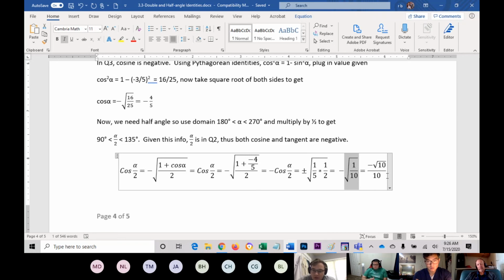Because when you're square rooting the entire fraction, are you square rooting both? Like you could break it up and say I'm square rooting the numerator and the denominator. Well, yeah, the square root of 1 is 1. Okay. Right. Okay, that makes sense. Yeah. Okay, thank you. No problem.